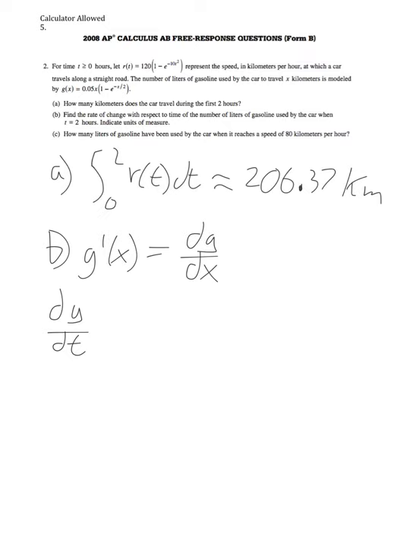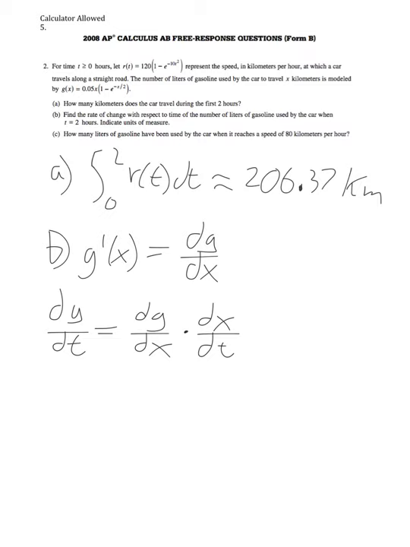So if we just think about the fractions here, dG/dt should be equal to dG/dx times dx/dt, because that will cancel out the dx's and leave me with the two pieces that I do want.